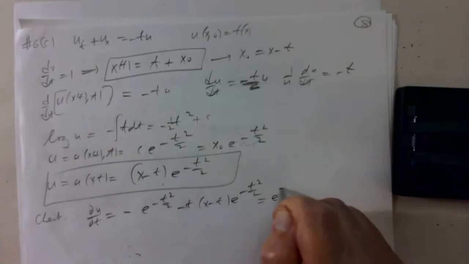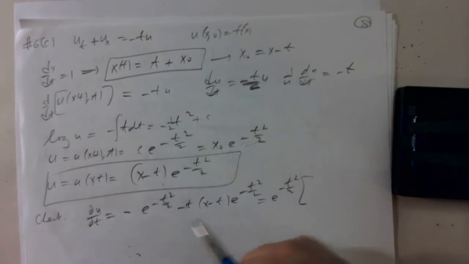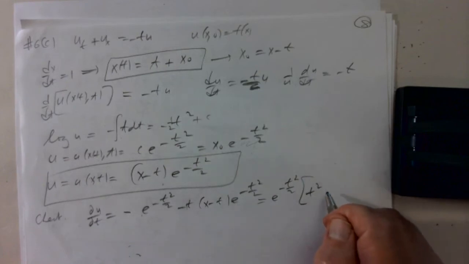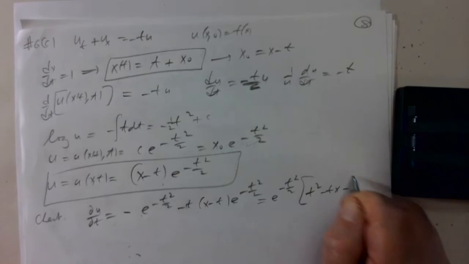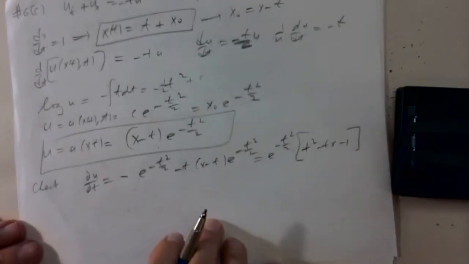So this is e to the minus t squared over 2 times what I have, minus f' minus t f.